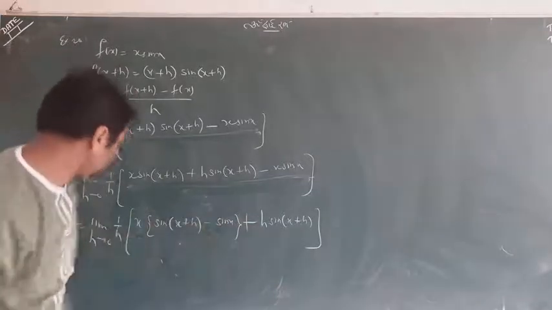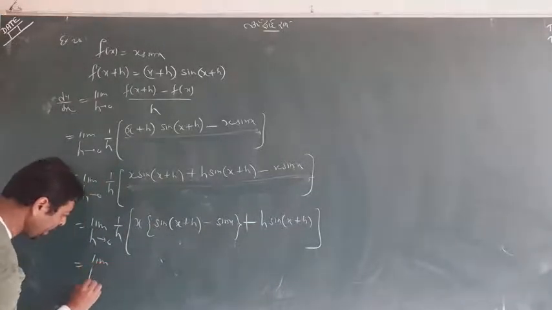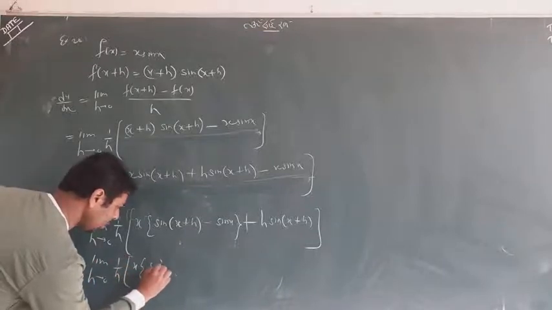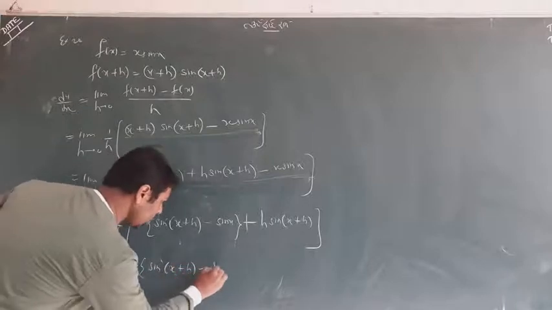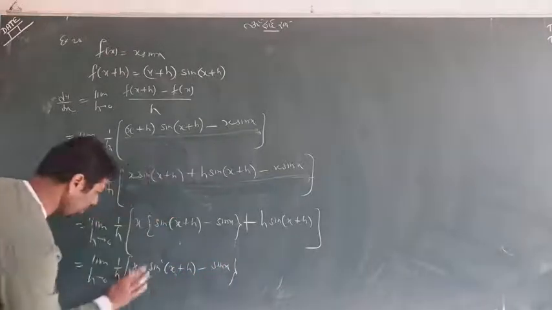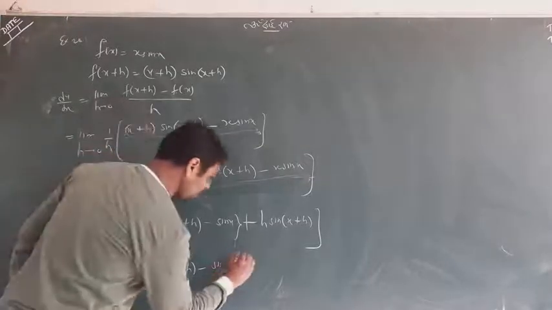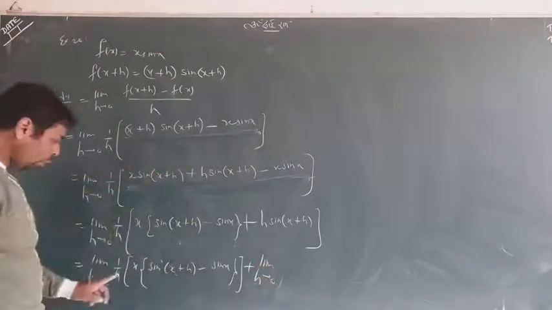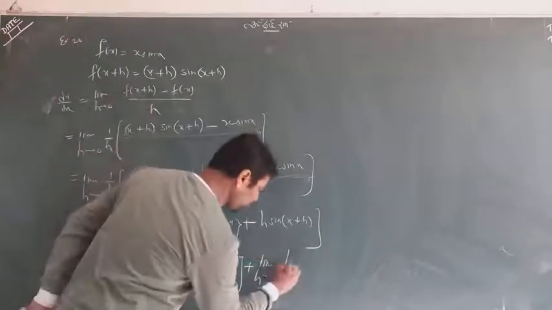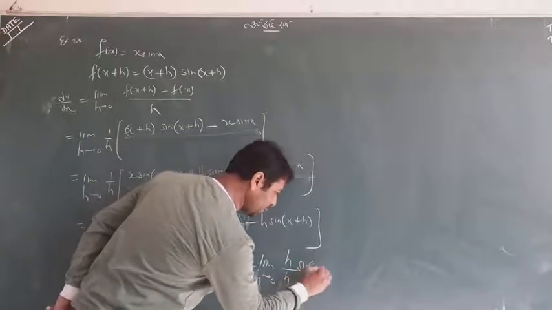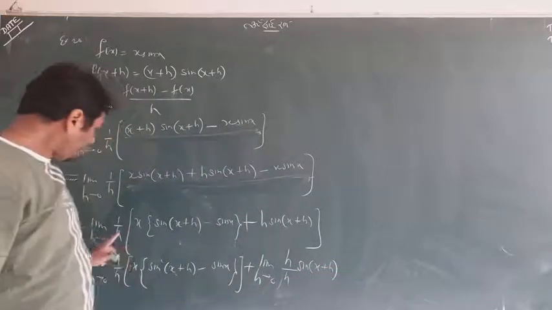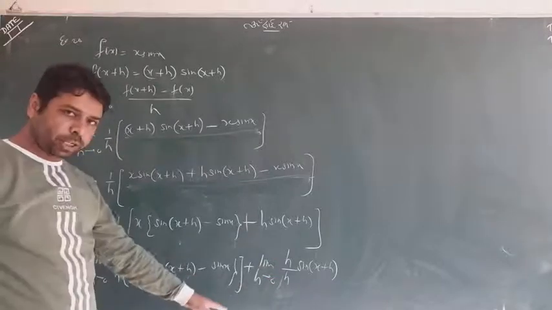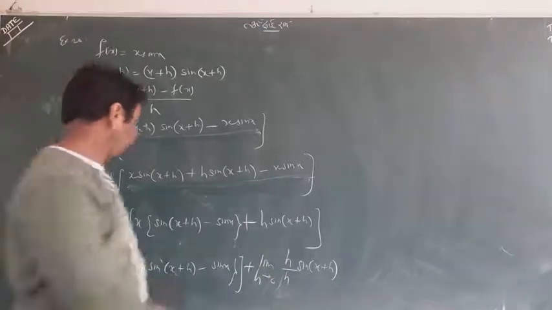So limit h tends to 0, 1 by h x sin x plus h minus sin x, plus I want to break the limit, and also 1 by h will multiply this term. To understand it, this 1 by h is with both terms, so it is h by h, and also I break the limit in two parts. Now only this will be solved.